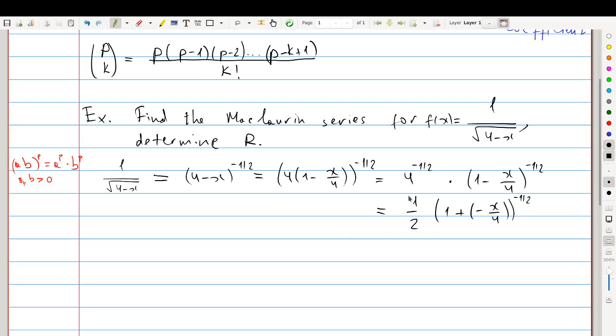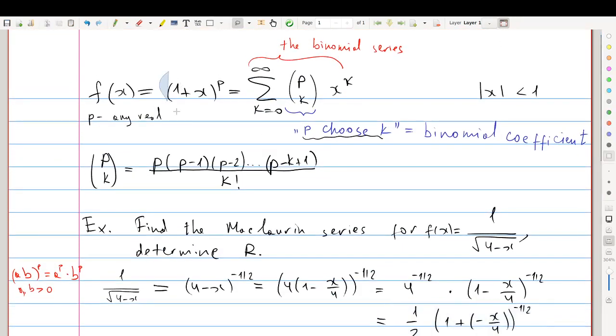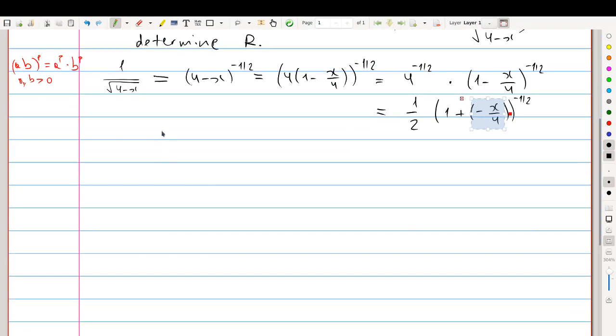So now if you compare this expression to the left-hand side in the binomial series, you see that they are exactly the same, with x being replaced by minus x over 4. So we can use the formula for the expansion of the binomial series by simply replacing p with minus 1/2 and x with minus x over 4. Great.